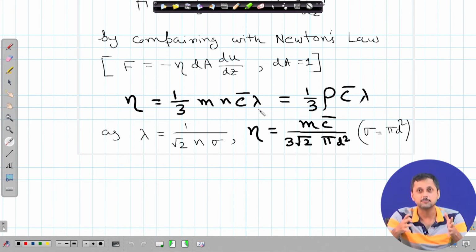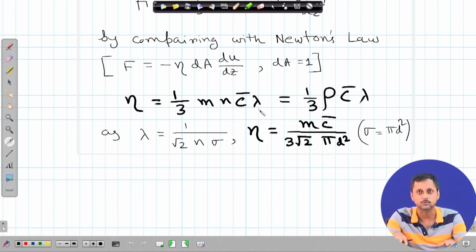But when we start compressing the gas more and more, there will be a point when lambda and the average intermolecular separation are comparable to each other, and then the entire description breaks down.